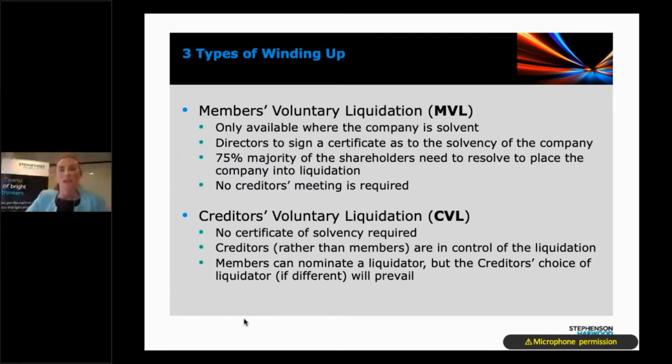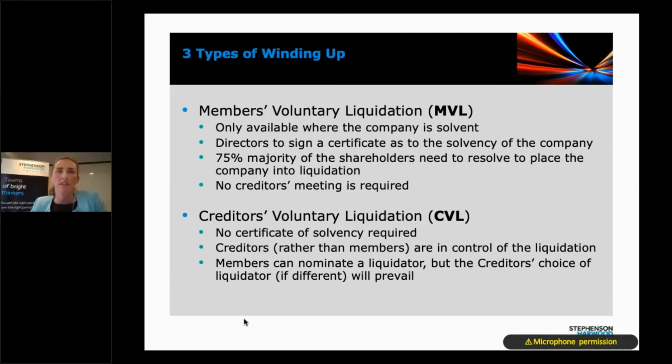To use this process, the directors have to sign a certificate as to the solvency of the company. This certificate will say that the directors have made a full inquiry into the company's affairs and have formed the opinion the company can pay its debts in full within a specified period, that period being 12 months or less.